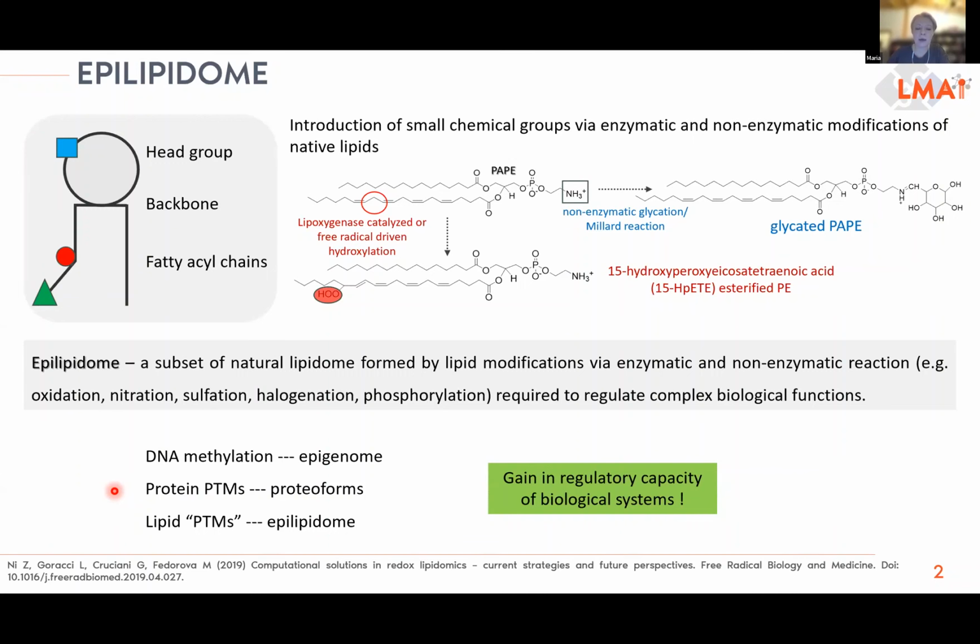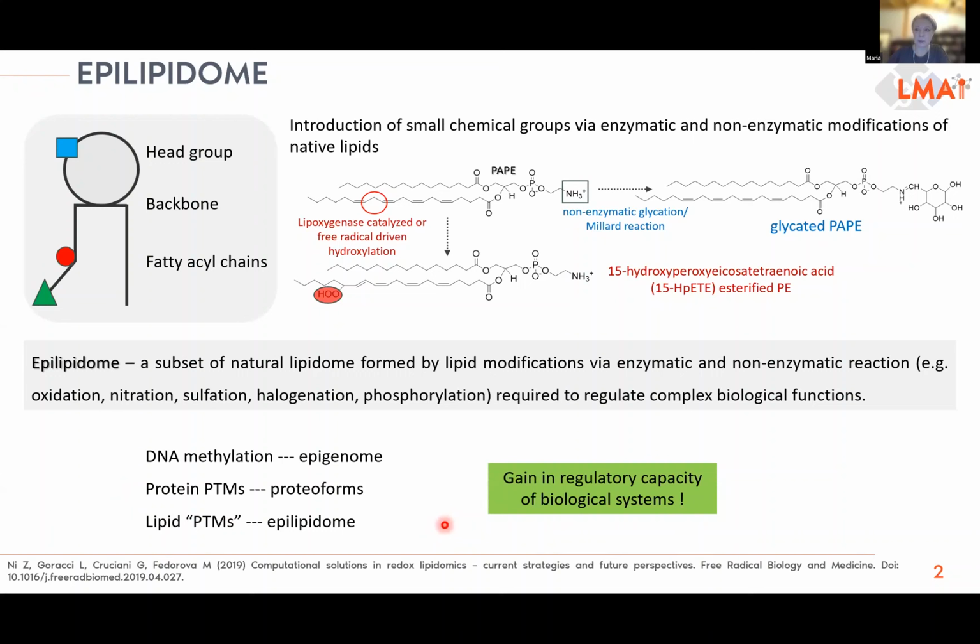So again, introduction of small chemical groups via enzymatic reaction, in this case, leads to new functionalities in the protein without synthesis of the molecule de novo. So we can think about lipid modification, or these lipid PTMs, if you wish, as another level of complexity, which brings to the lipidome a certain gain in the regulatory capacity in regulating biological processes.